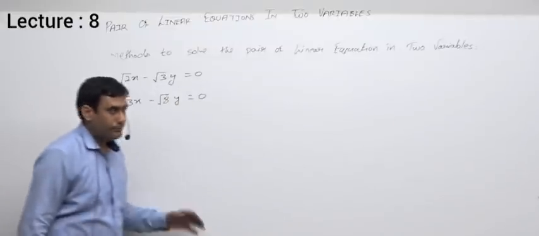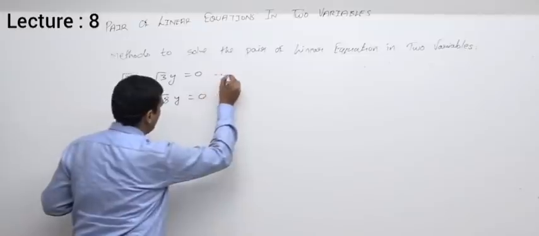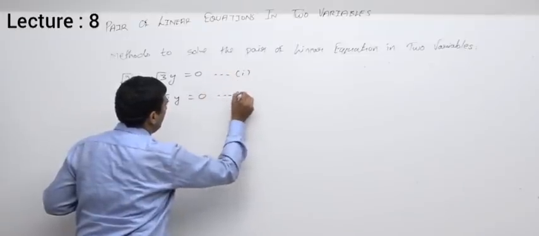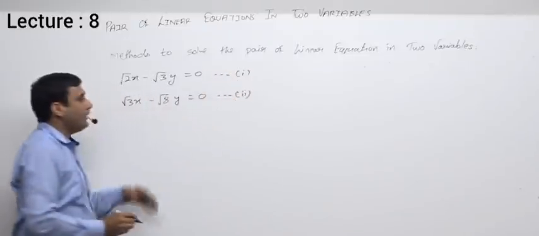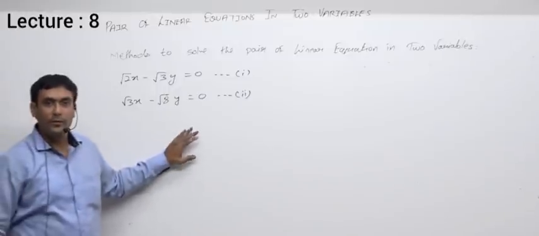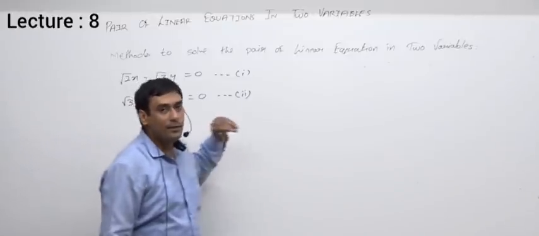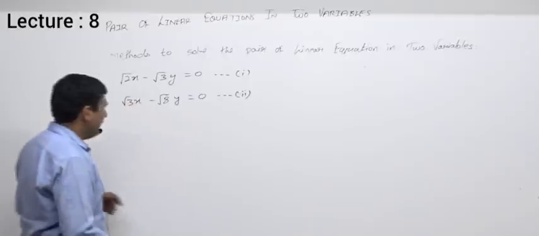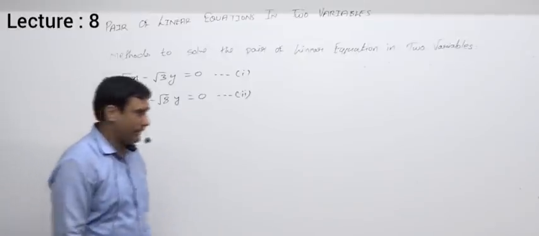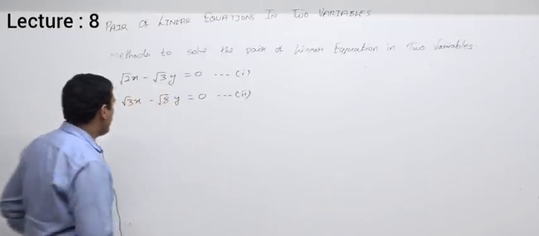Steps same. Again we'll go with the same method. We'll get the value of any one variable from any one equation, then we put that value in the second equation and we'll get the solution. We have to follow the same set of steps for the method of substitution.